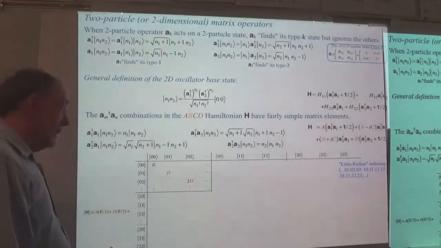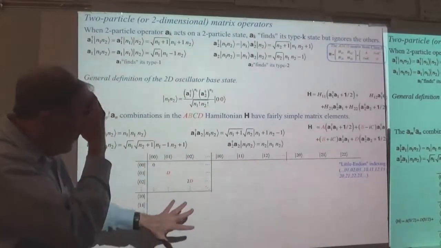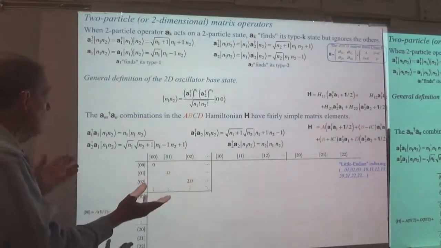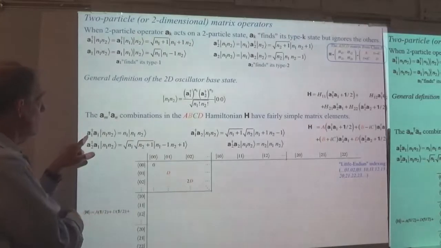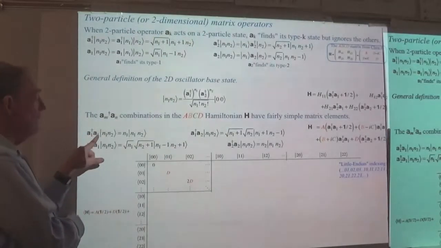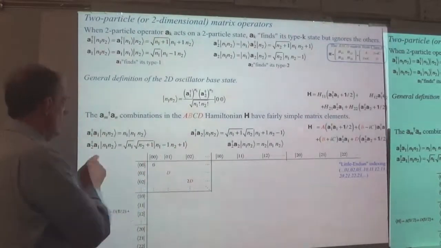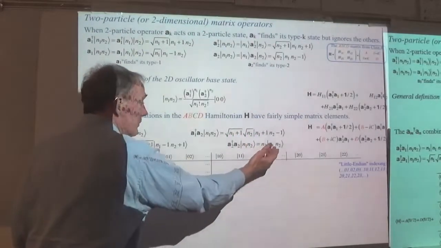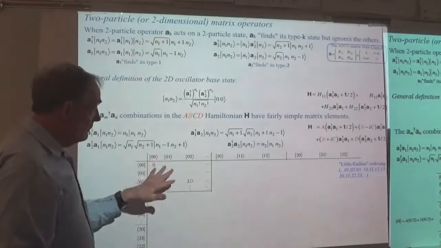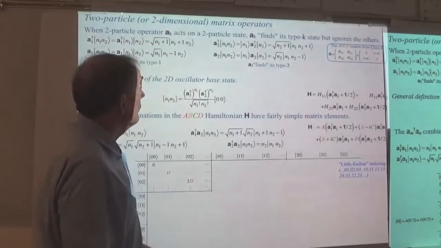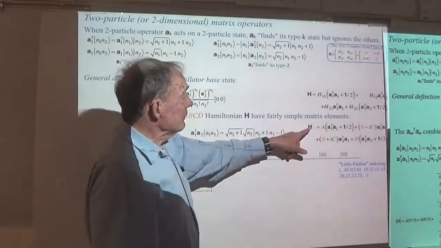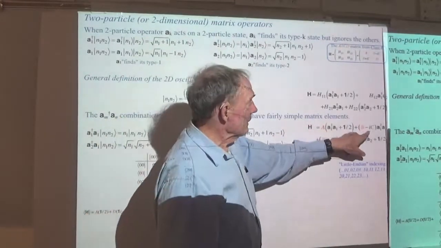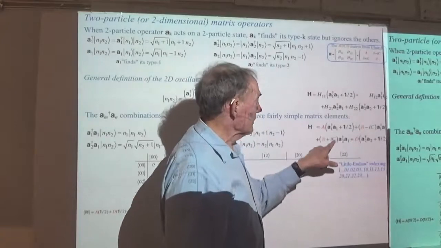These are the bras now, and those are the kets that make this matrix, okay? And presumably, no problem, I just get my Hamiltonian, which is linear combinations of 1, 1, 1, 2, 2, 1, and 2, 2, and there's a matrix element sitting right there that I need to plunk down here for each of the components of this Hamiltonian. You see, I've got this operator here, I've got this operator right here, and this operator here.